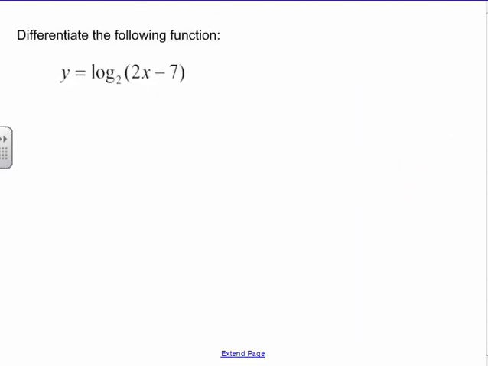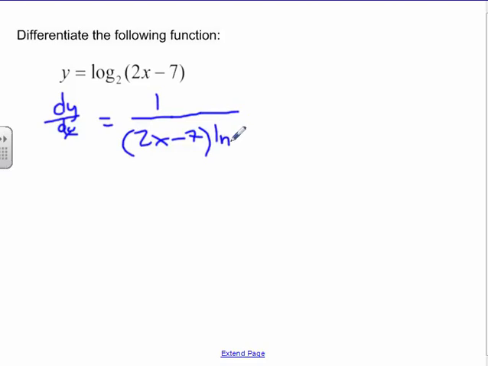So let's try an example. We're going to find the derivative of this guy right here. And this is going to require a chain rule. Okay, so it's going to be 1 over x. Well, our x is actually 2x minus 7. And then we still need the natural logarithm of 2.